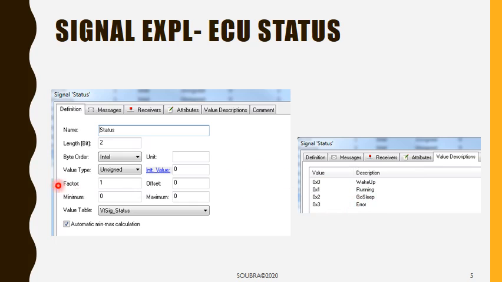So instead of representing a physical value here, we're representing 4 different states, and we're using 2 bits to represent those states. So we can see we can represent virtually anything, and share the information on the bus.